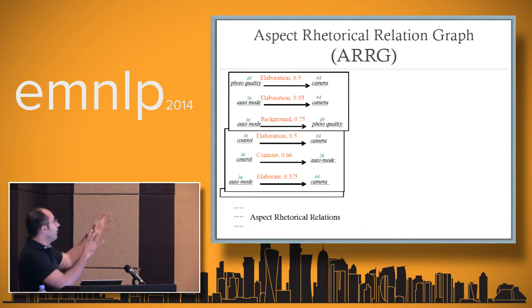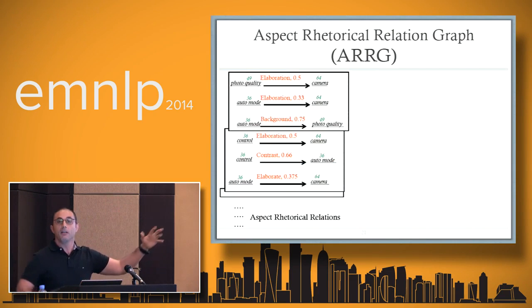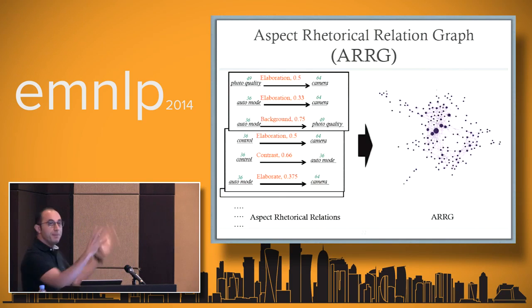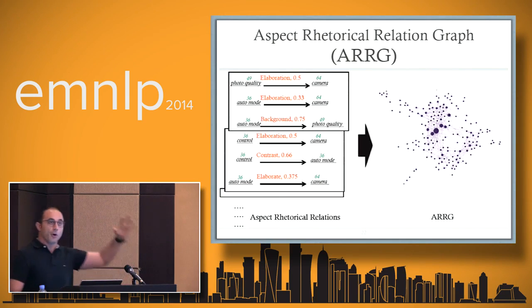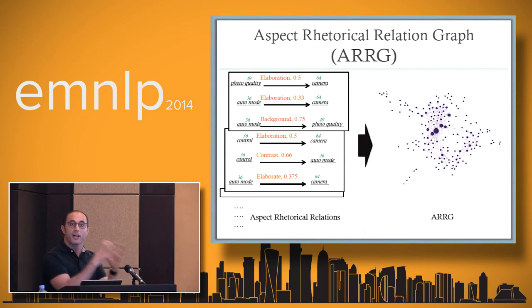We get these aspects and rhetorical relations, aggregate them, and merge them together. We create a big graph we call the aspect rhetorical relation graph, or ARG. Basically, this ARG represents all aspects in the reviews and the relations between these aspects.